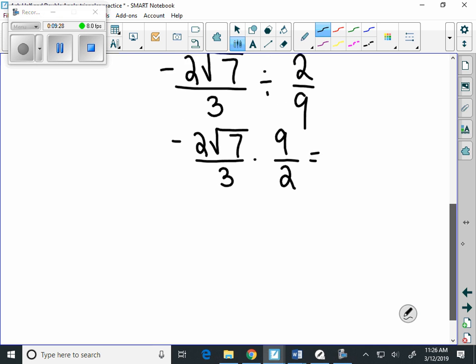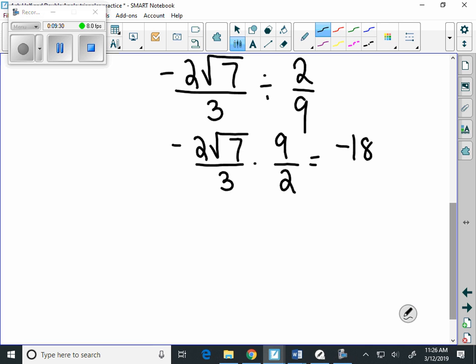So we end up with negative 18 times the square root of 7. Notice that I multiplied the 2 and the 9 together, and I kept the square root by itself. 3 times 2 from the bottom of the fractions is 6. And then lastly, notice that 18 is divisible by 6, and we end up with negative 3 square root of 7.